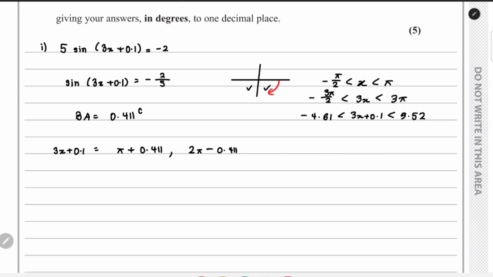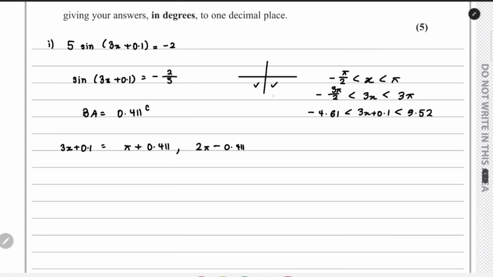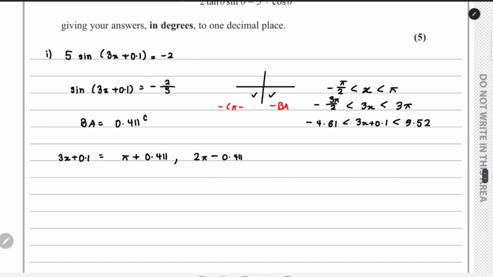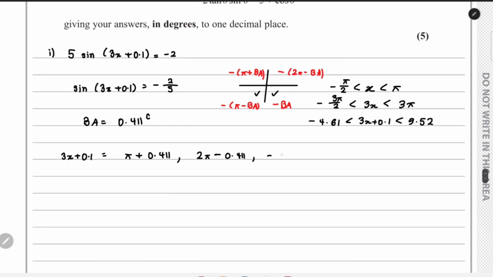If we rotate like this, this is minus basic acute angle, this is minus pi minus basic acute angle, this is minus pi plus basic acute angle, this is minus 2 pi minus basic acute angle. So the other two values we'll get are minus 0.411 and minus pi minus 0.411.